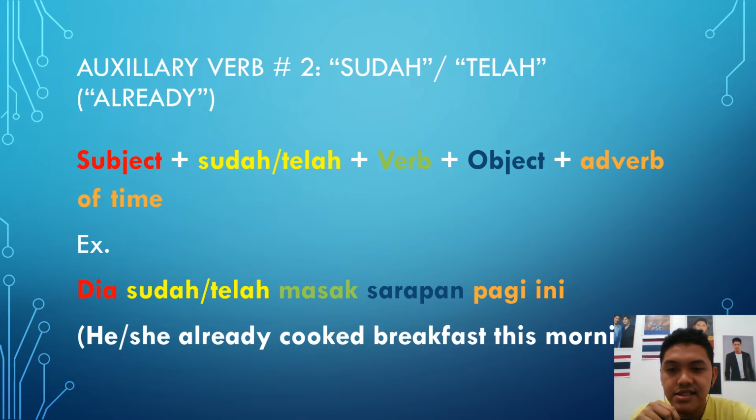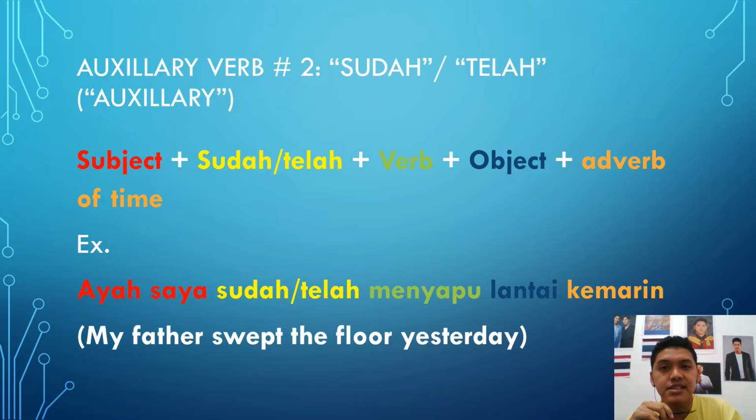For the sentence structure, the sample would be dia sudah masak sarapan pagi ini. Dia sudah, telah, masak sarapan pagi ini. He or she already cooked breakfast this morning, in which the action is already done.